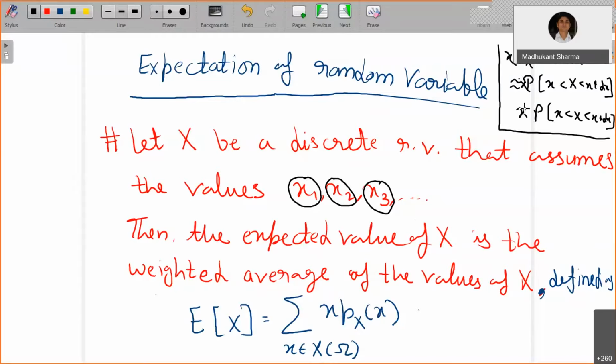In the continuous case, sum means the integration, in the limit. So it is natural to define the expectation, in the case of a continuous random variable, as the integration from minus infinity to infinity of x times fX(x) dx. So we will come up with that also.